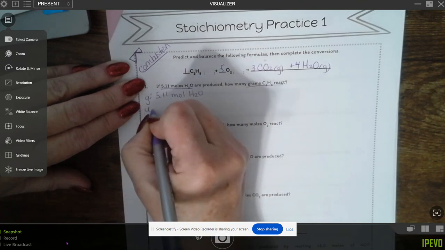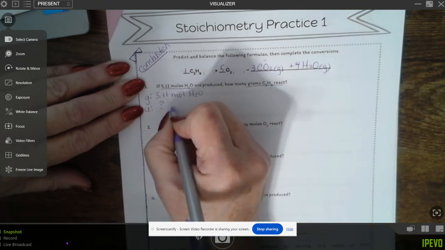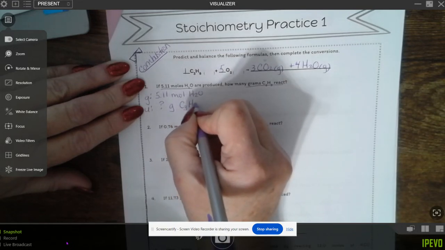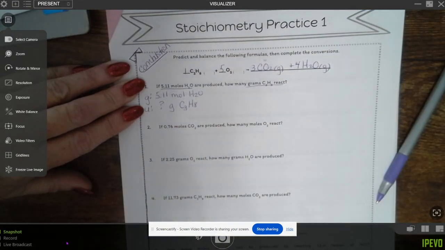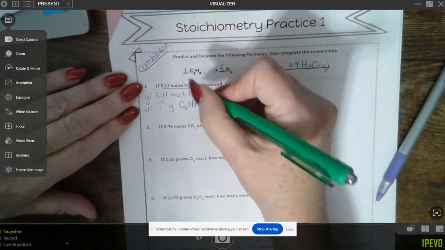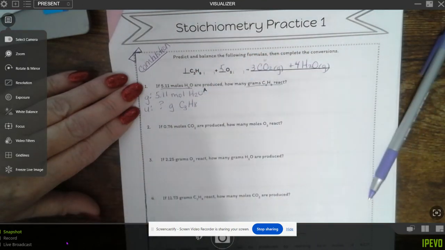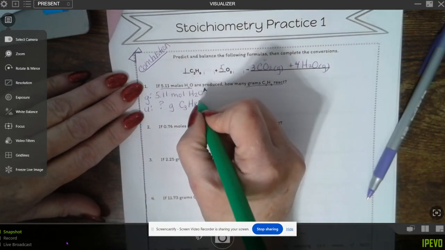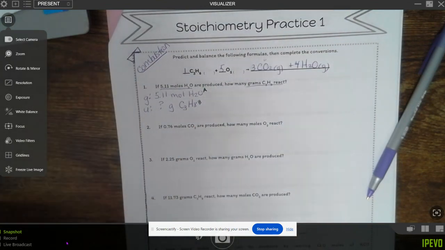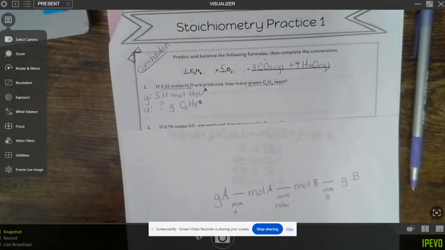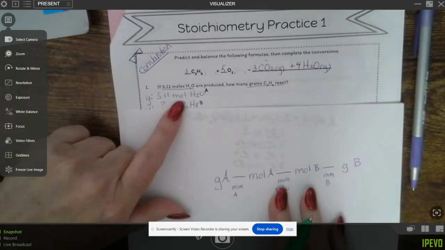My unknown is grams of C3H8. And remember, we said that we can just identify our given without writing it out. So in this case, water is A, C3H8 is B.